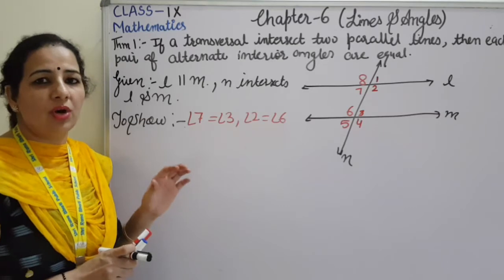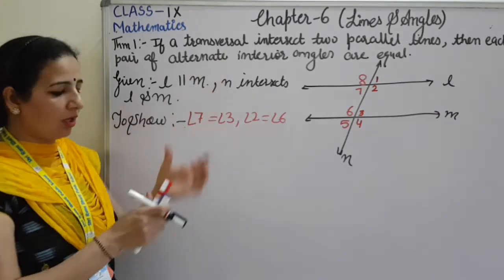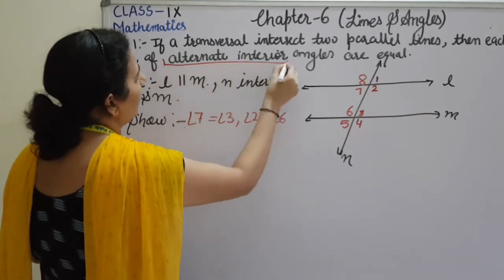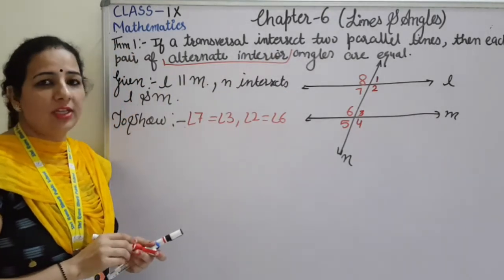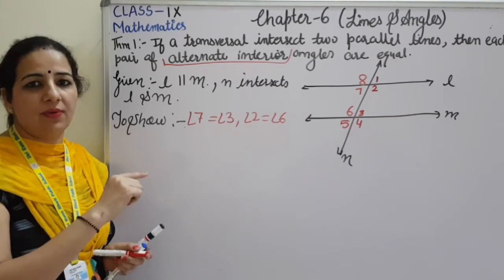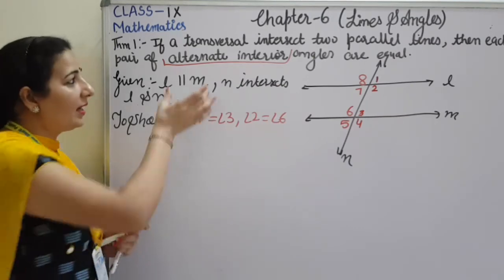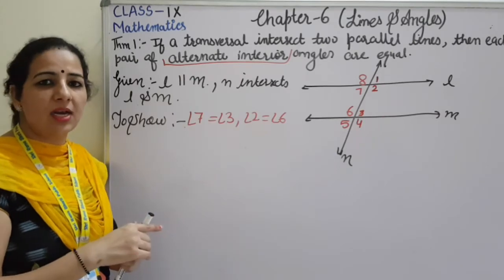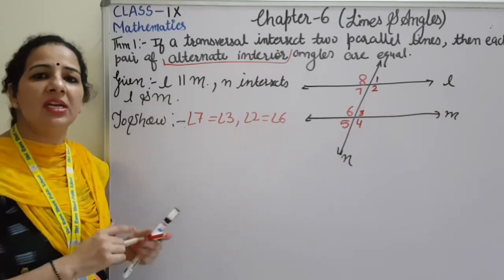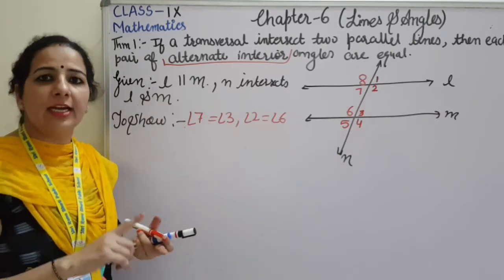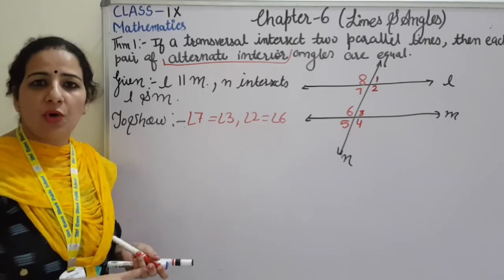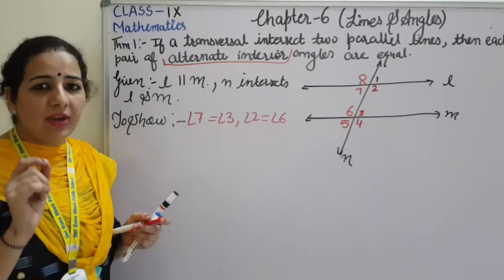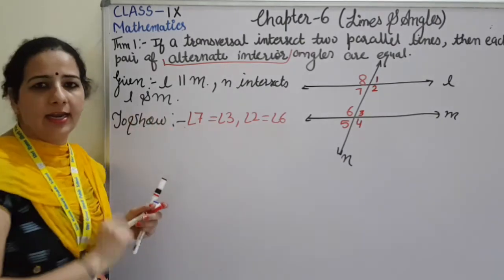So in this theorem you can't use this, because this we have to show. But other than that, we can use all the properties of parallel lines and the transversal: vertical opposite angles, linear pair, corresponding angles, and alternate exterior angles. We can't use the interior angles only.